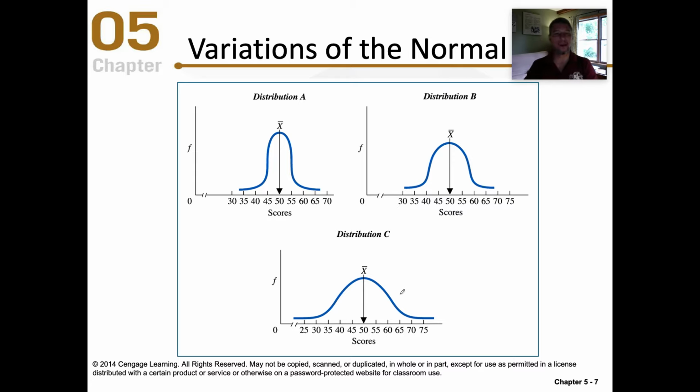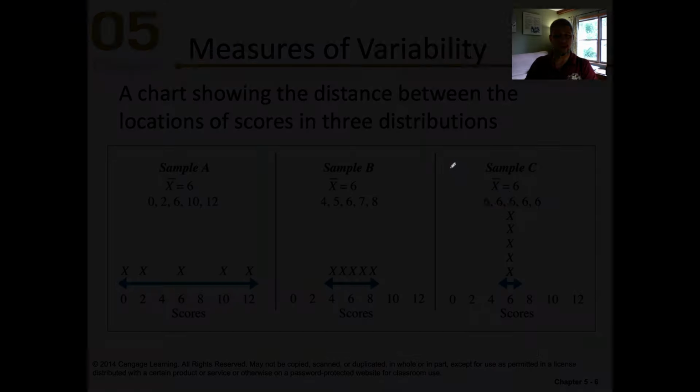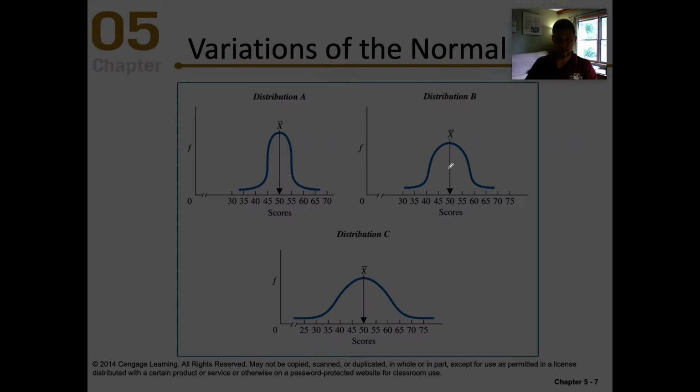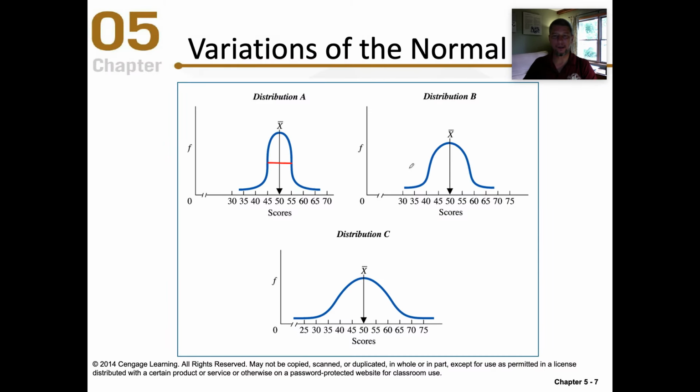But in any event, the variation here obviously is only that big. But in distribution B, it's bigger. And in distribution C, it's even bigger. All right.